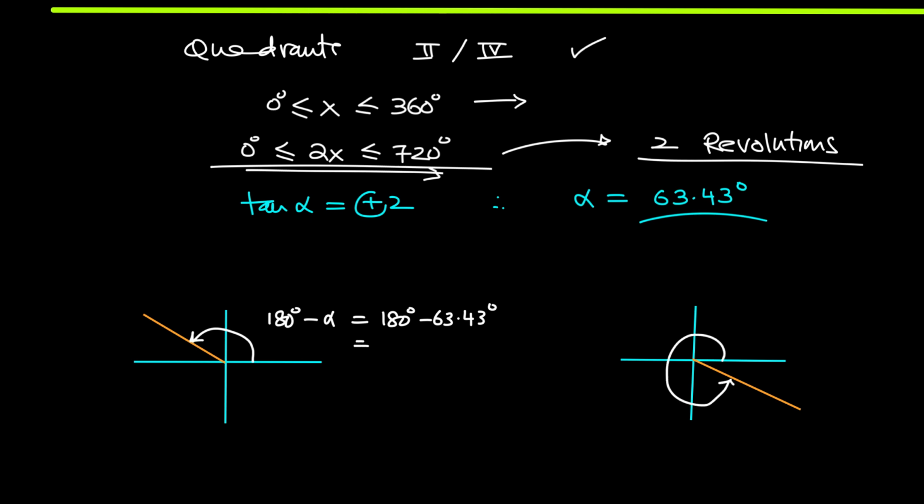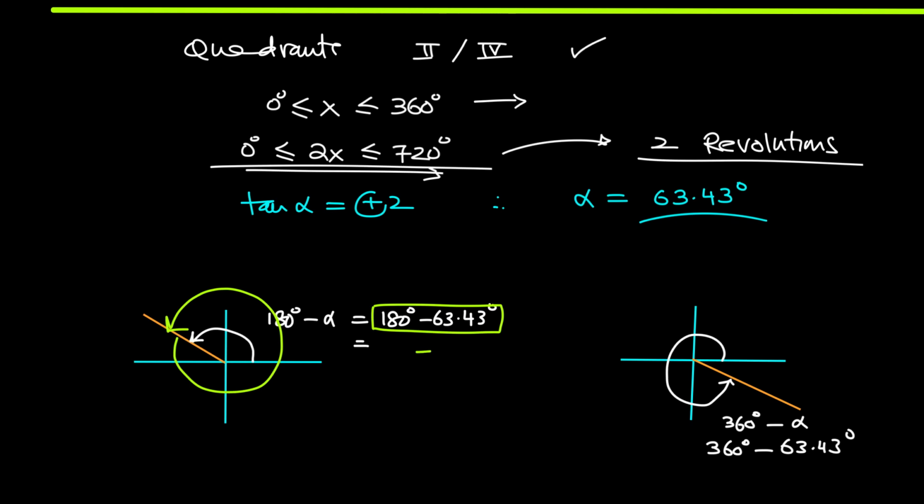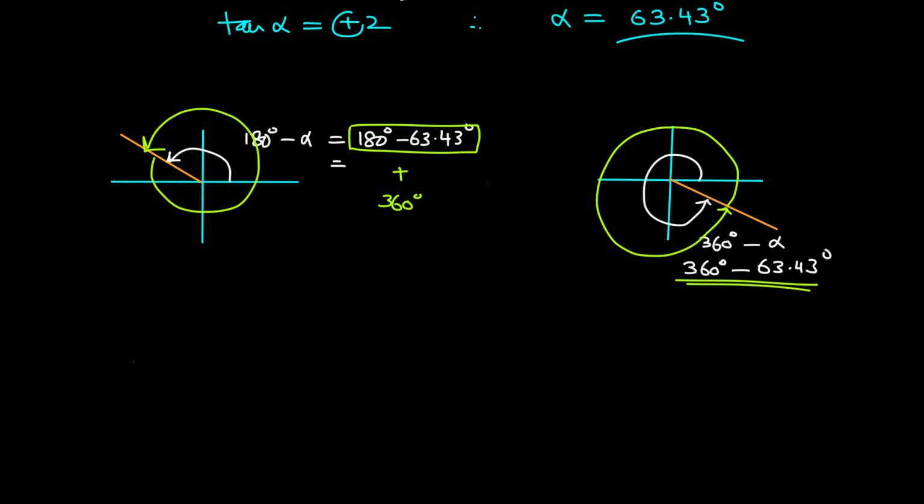This particular value is 360 degrees minus the basic angle, which is 360 degrees minus 63.43 degrees. We will simplify it at the very end. We are going one more revolution. So to this particular answer, we will add 360 degrees. Same as the story over here. To this particular answer, we will add 360 degrees more.